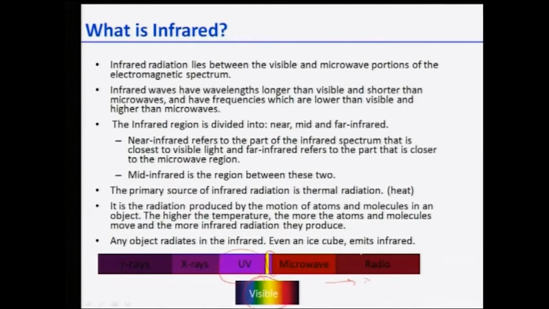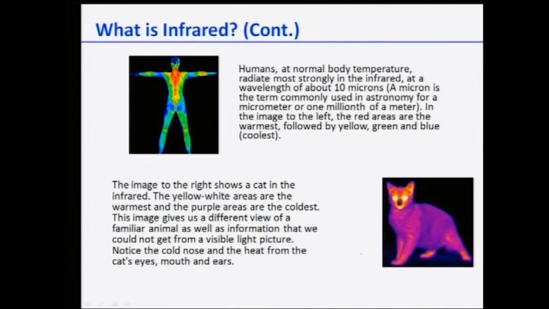That is basically heat. This radiation is produced by the motion of atoms and molecules in an object. The higher the temperature, the more the atoms and molecules move, and the more infrared radiation is produced. Any object radiates in the infrared region. Even an ice cube radiates infrared radiation.